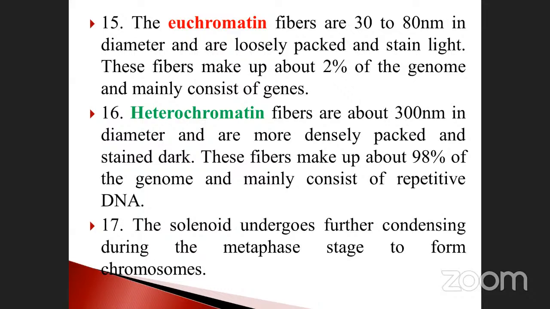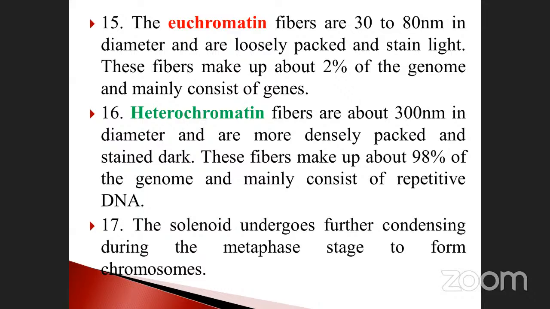Out of 100, only 2% is euchromatin. So here you must note 3 points only. Structure will be 30 to 80 nanometer, loosely packed, and third, 2% of the genome mainly consists of genes.